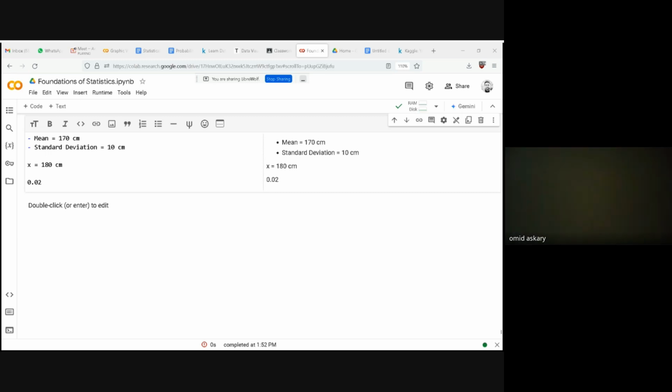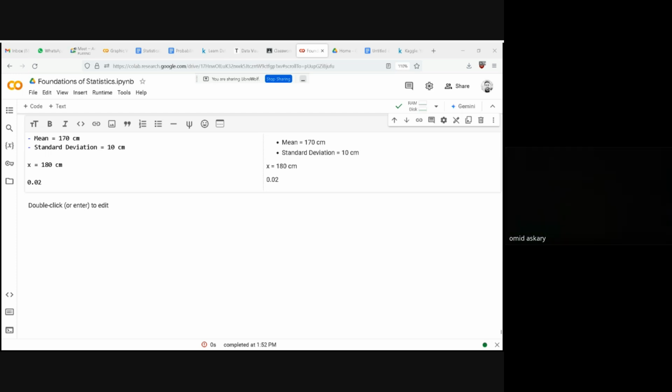And what does it mean? It means the probability density for a height of 180 centimeters is approximately 0.02. It doesn't represent the probability, but rather how likely this height is compared to other heights in the distribution.